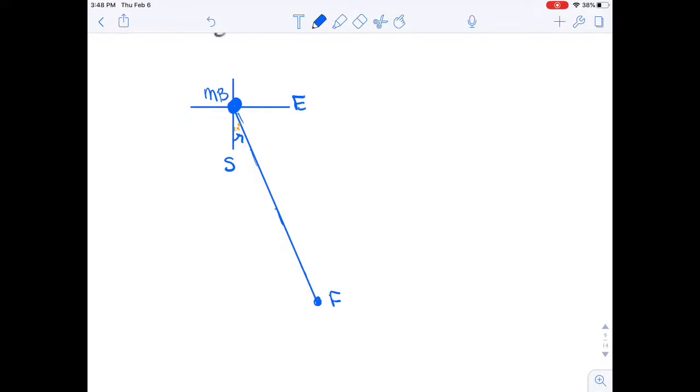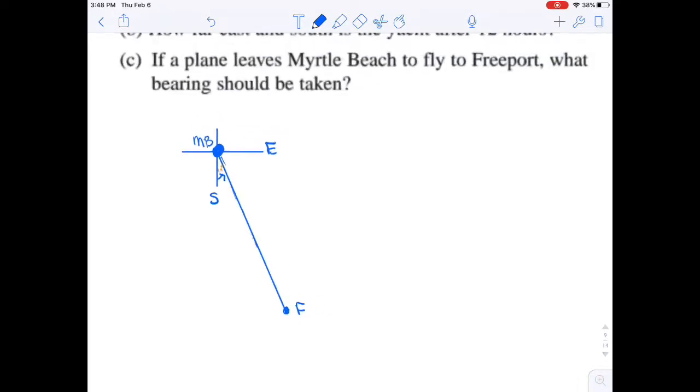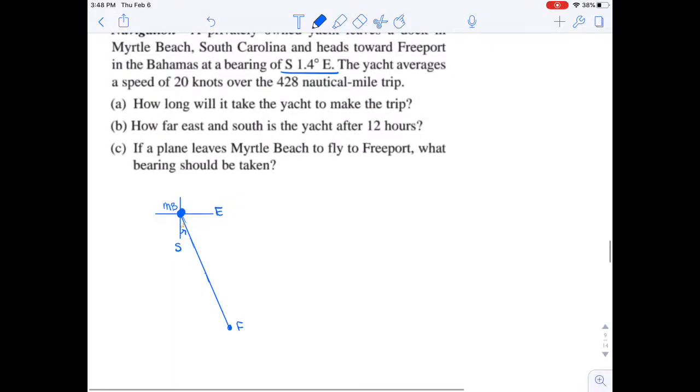So now that I have my angle, we want to know how long it will take the yacht to make the trip. So I was given some important pieces of information. I know the speed and I know the distance. So the distance, let's add that onto our picture, 428 nautical miles, abbreviated NM. So how long will it take to make the trip?